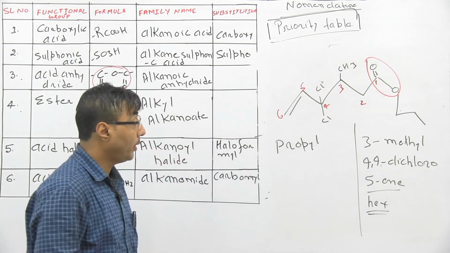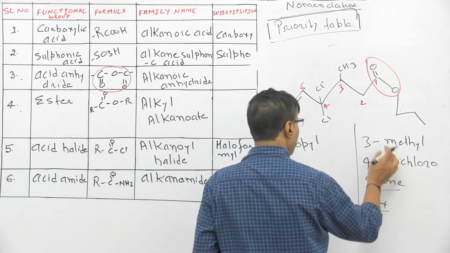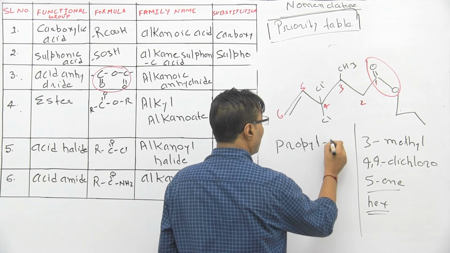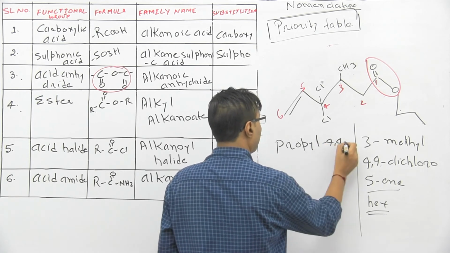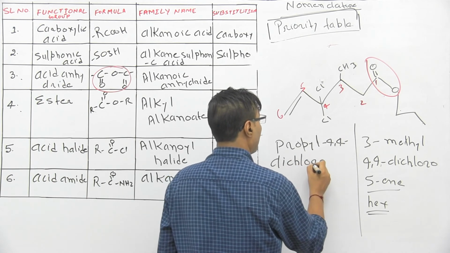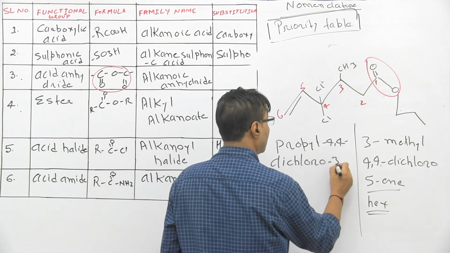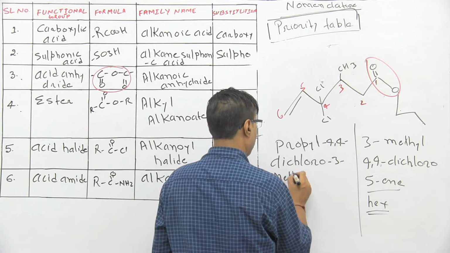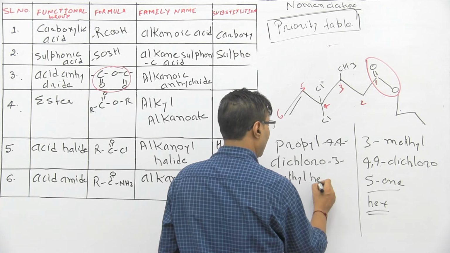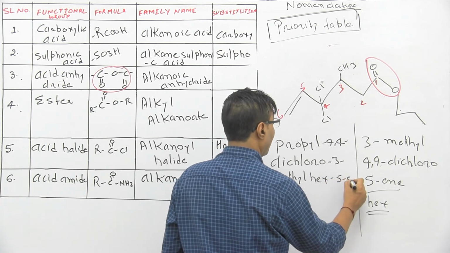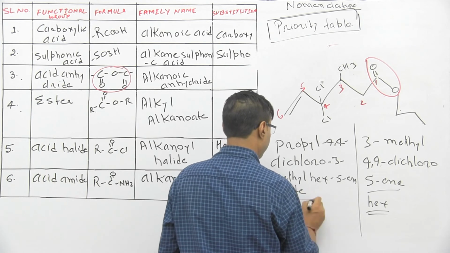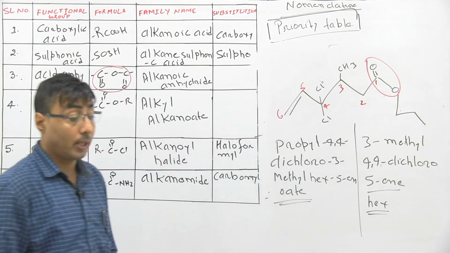So the final name will be, we have to put them into alphabetical order. So propyl 4 dichloro 3 methyl hex 5 enoate. This is the final name.